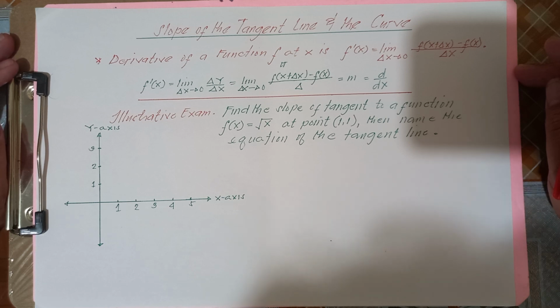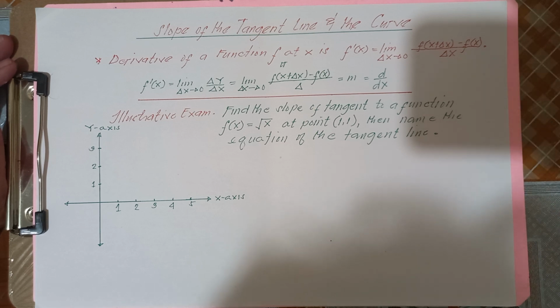Now our focus today is the slope of the tangent line and the curve, or shall we say the derivative as the slope of the tangent line. Before we continue, let's go over some of the principles that we have already discussed.